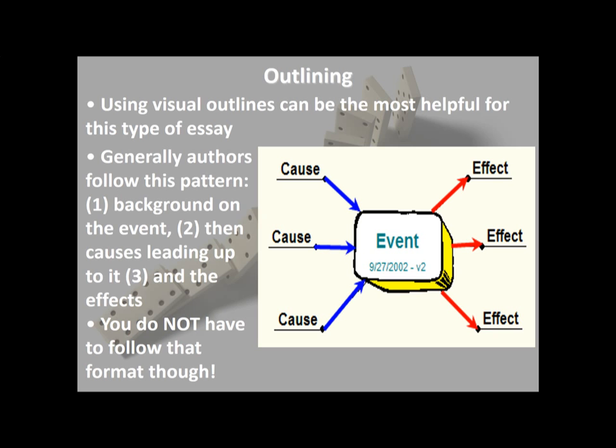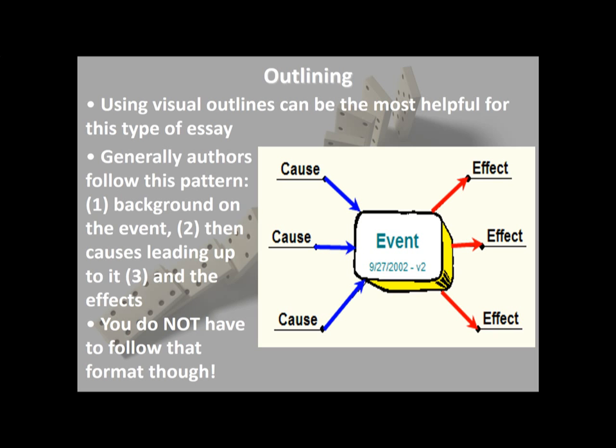Now, even though this picture has the same number of causes as it does effects, your paper does not. There could be some things that just had one cause. An aneurysm has one cause. A blood clot breaks off and zips to your brain and stops the blood flow from the head into your brain.